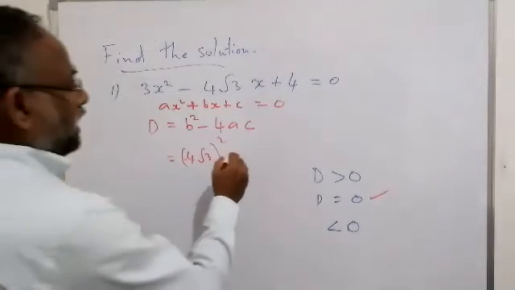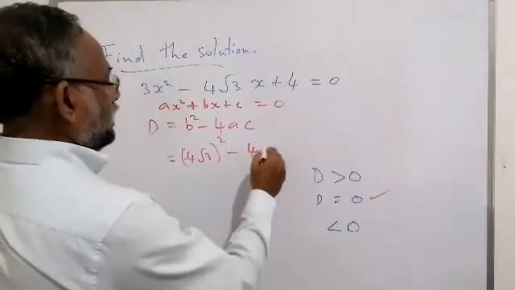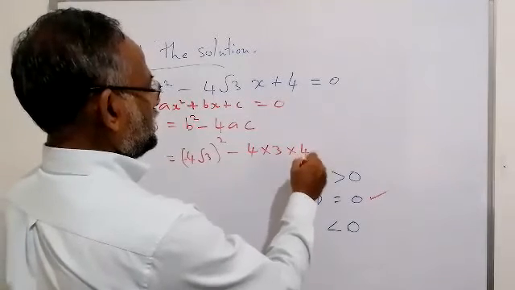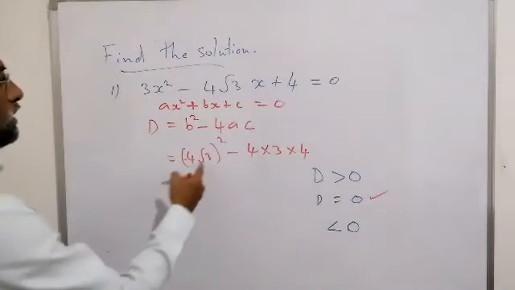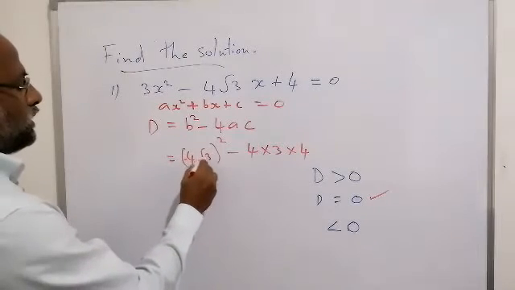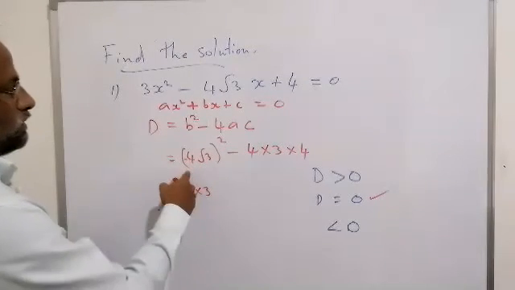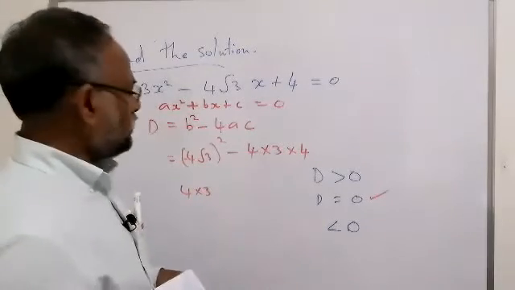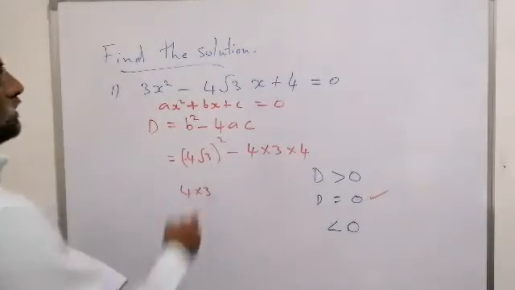B square minus 4 into A into C. Whenever square is there, I can say 4 into root 3, 4, 3. Minus 4 into root 3 into minus 4 into root 3, 4 into 3.